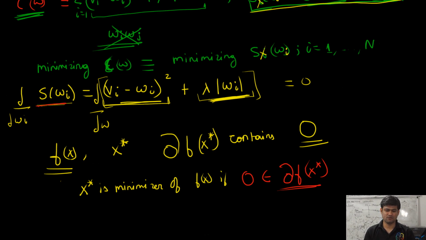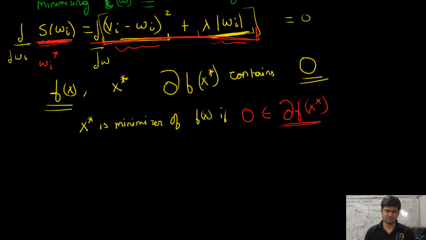And since this s(w) is a convex and non-differentiable function, effectively the gradient of this plus the subgradient of this results in the subgradient of this function s. The optimality condition says the minimizer of s(w) is some point w_i star such that the subdifferential set of s at w star contains 0.